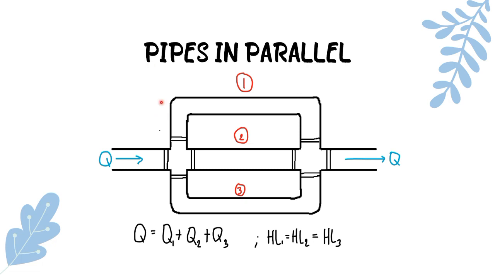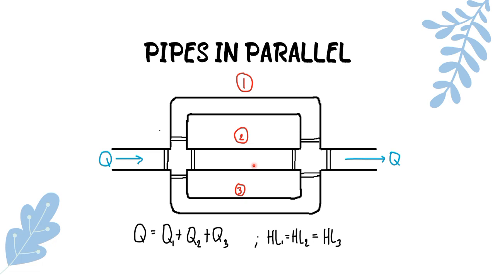So in this figure, the total discharge Q must be equal to the sum of the discharges of pipes 1, 2, and 3, which is our conservation of mass. And for conservation of energy, we can express this as HL1, or head loss 1, is equal to head loss 2 and head loss 3. In other words, the amount of energy lost in pipe 1, regardless of its diameter, roughness, or length, is going to be the same as the head loss in pipes 2 and 3.